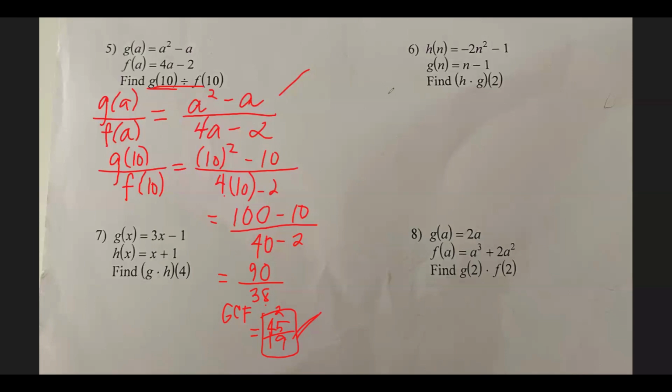But this time you have to multiply the two functions and you have to replace the variable as 2. Okay, so let's do like number 5.